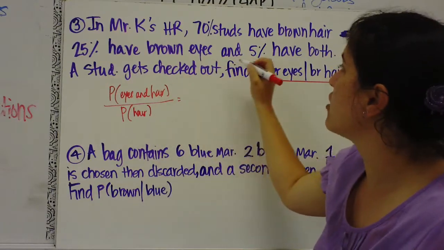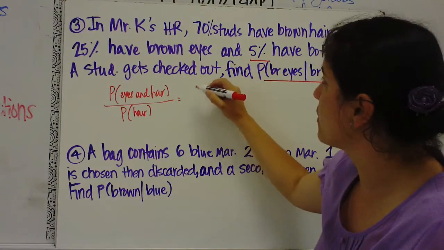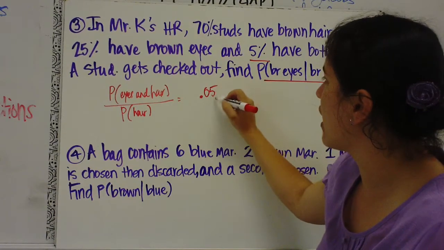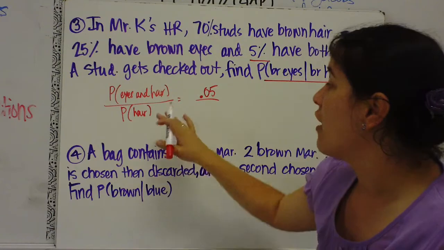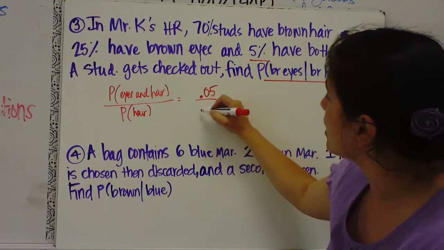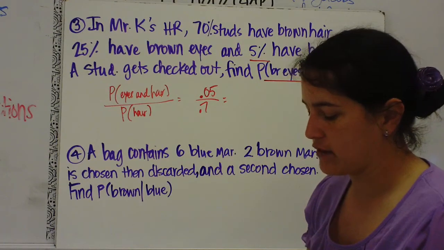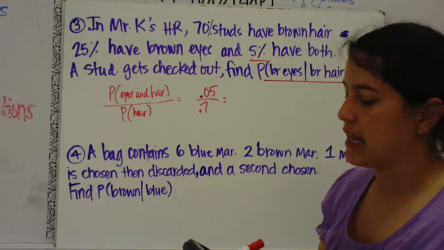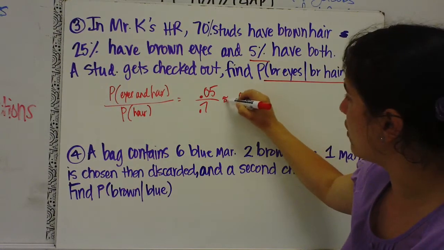So in the problem, we know that there was 5% that have both. So our top, the probability is going to be 0.05 or 5%. We already know that was given to us in the problem. The probability of just having the brown hair was 70%, so 0.7. 0.05 divided by 0.7 is about 0.071.